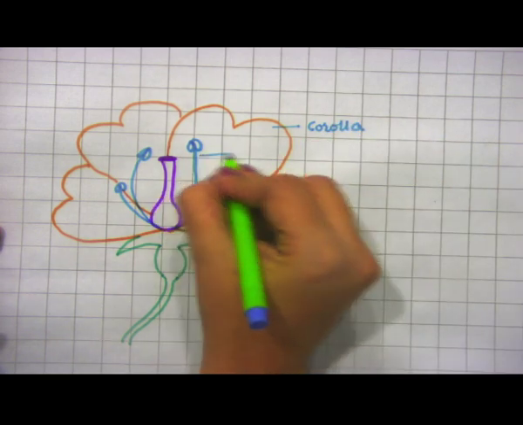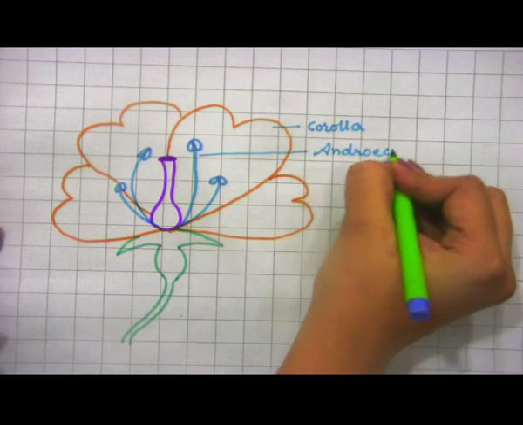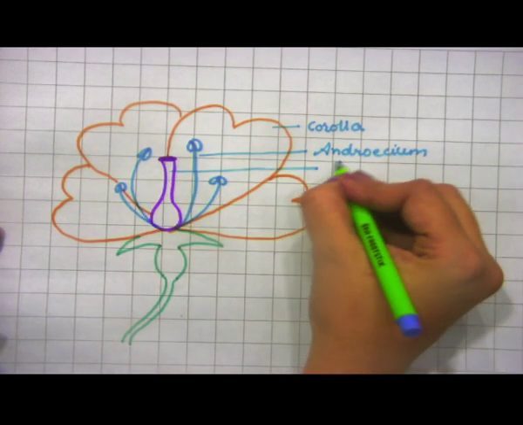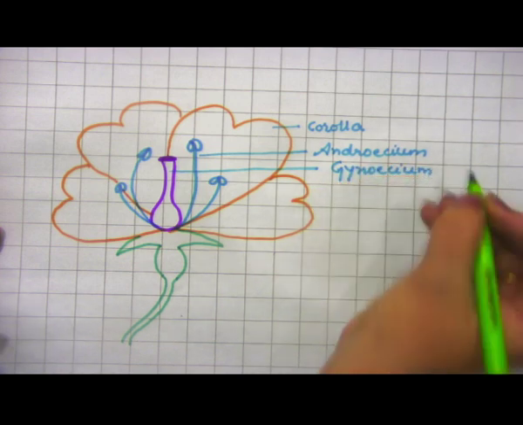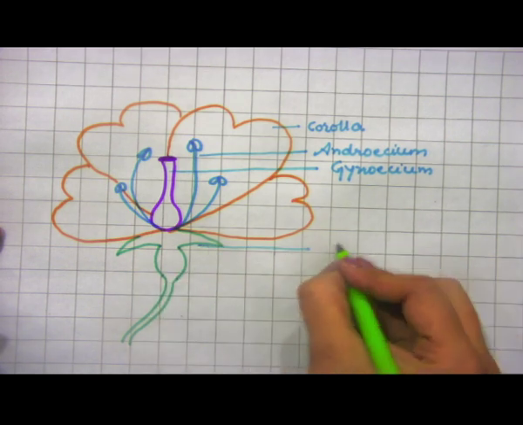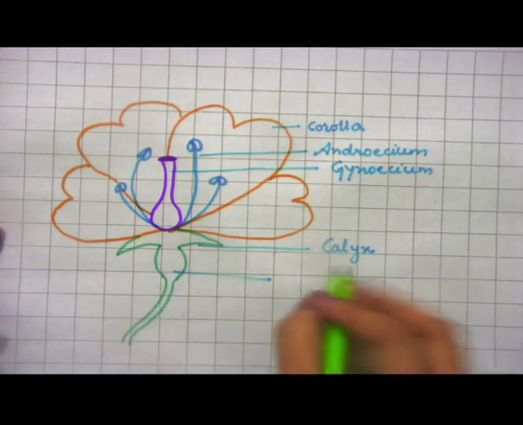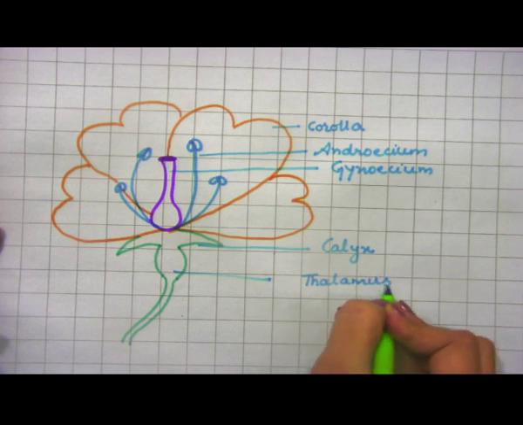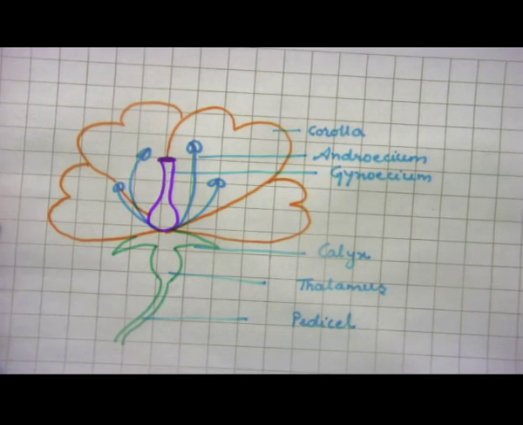Corolla, androecium, gynoecium, calyx, the thalamus, and finally the stalk of the flower, which is known as the pedicel, right.